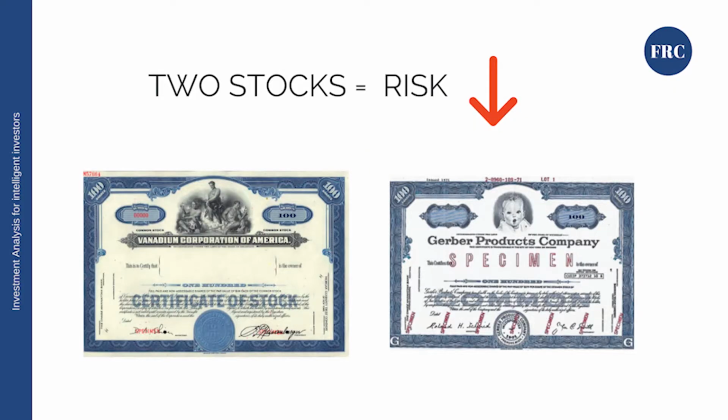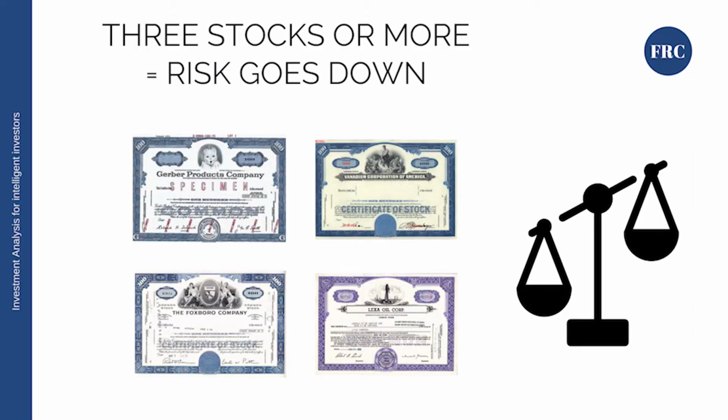You can add a second stock to your portfolio, just like in our island example, and that will lower risk by a lot, assuming that the two stocks are not highly correlated to each other. So maybe the risk comes from here to half. I don't know the exact number, it's just an example, right? Now you add a third stock to the portfolio, which is also not correlated to the others, and it brings the risk down some more.